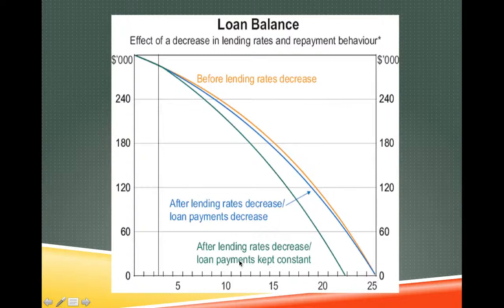If, however, you decide to keep your loan repayments constant as you were used to it at the higher interest rate, you can see that the amount you owe will come down much quicker, and the full loan will have been repaid at about 3 years earlier, where you've got no more loan to repay. And similar to this, there are many graphs that can illustrate a lot clearer than words or calculations what the effect of certain decisions will be.